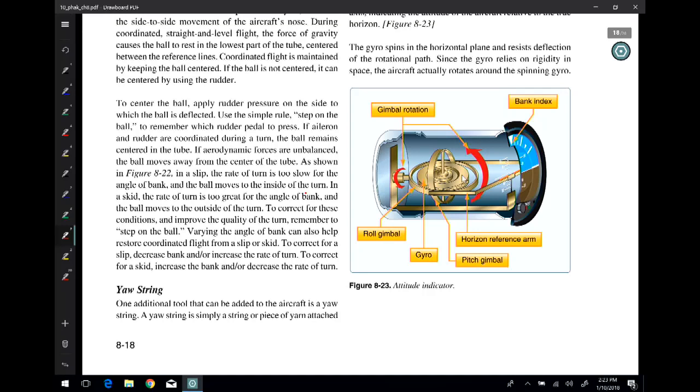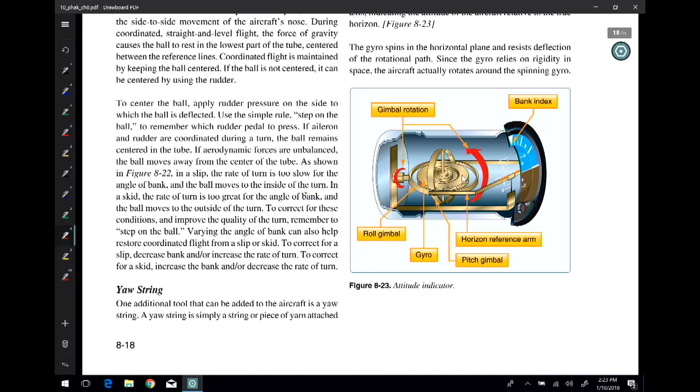You'll notice that the attitude indicator has the spinning gyro mounted horizontally, and that gimbal, or that little rack that thing sits in, is what allows that spinning disc to stay on that plane. And when I say that plane, I mean horizontal, and it resists any movement around it.